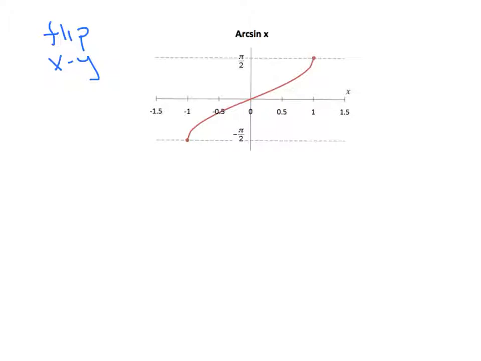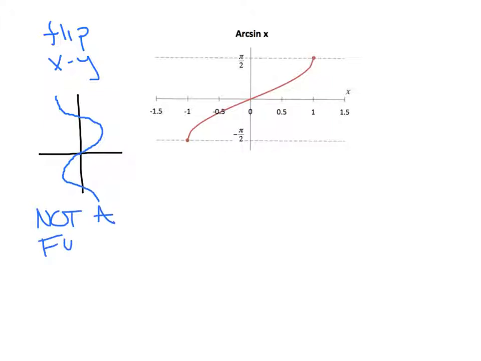Now, this is obviously just a piece of the graph. If I flip the x and y-axis, I hope you can picture this in your head, our sine curve would have started to do something like this. It would have gone up, little jive and jab, swam maybe this way a little bit, and then it would have come down and gone this way. Now you'll notice that that was not a function.